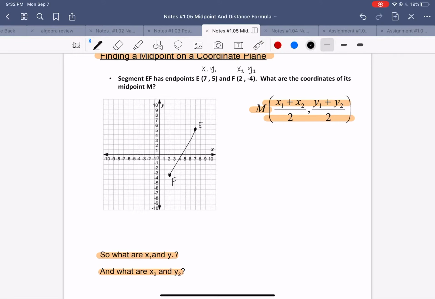So if I'm looking for the midpoint between this line, I have x1, which is 7.